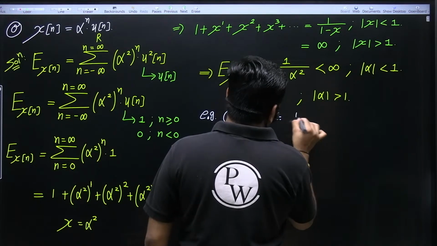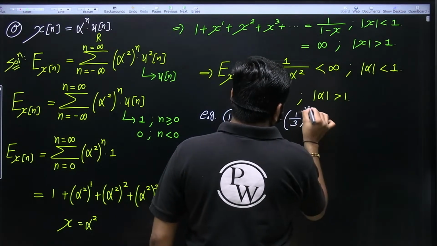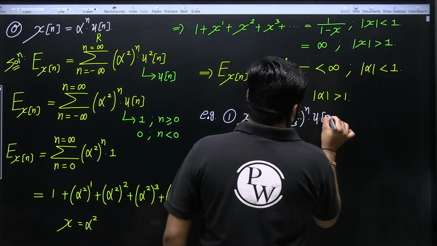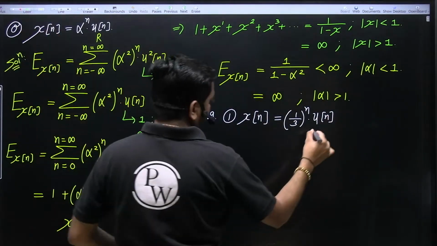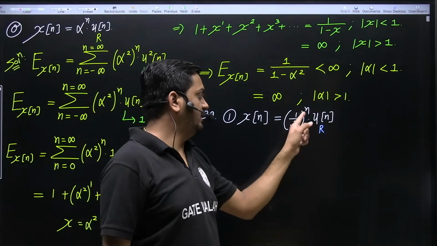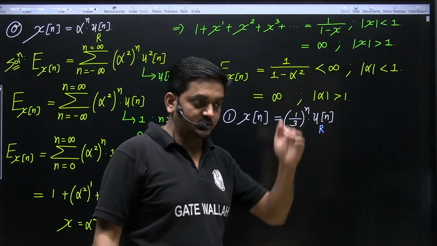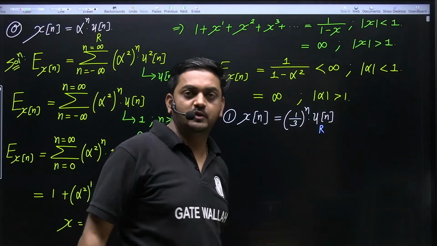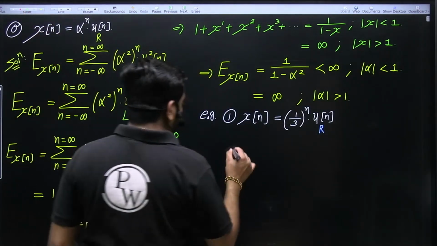Suppose 1 by 3 power n into u of n. Now tell me, right-sided decreasing or increasing function? U of n means right sided. Put positive values of n like 0, 1, 2, 3. So it is a decreasing function.